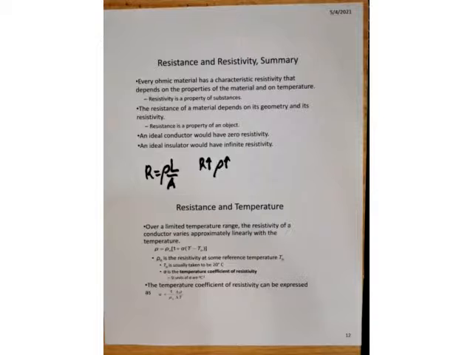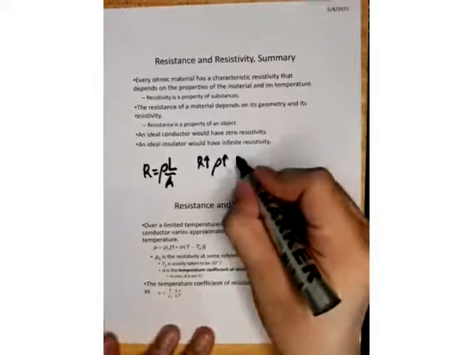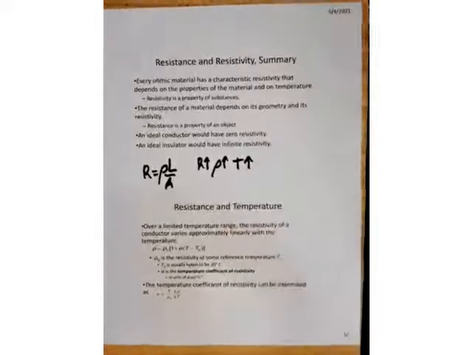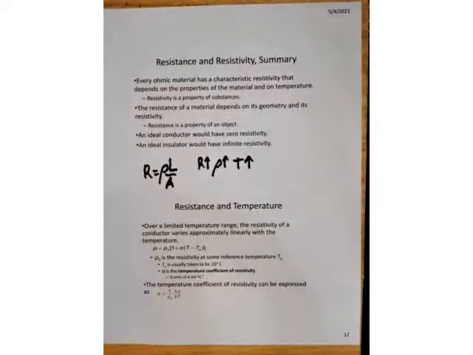So, next, ano naman yung relation nila sa temperature? So, class, habang umiinit yung conductor natin, tumataas yung kanyang temperature, yung resistance niya at resistivity ay nagbabago rin. Sabay-sabay silang nagbabago. Kung tataas yung temperature ng conductor, yung resistivity niya tataas, at the same time, tataas din yung kanyang resistance.